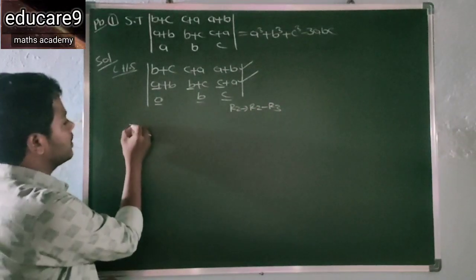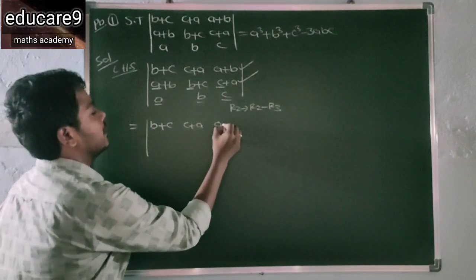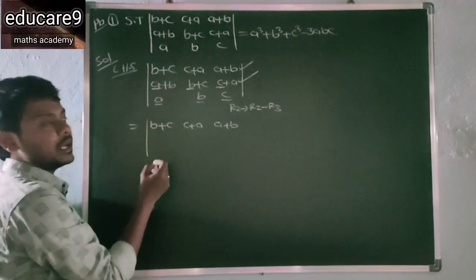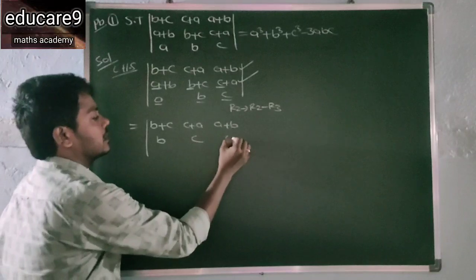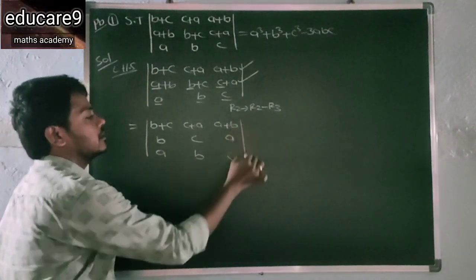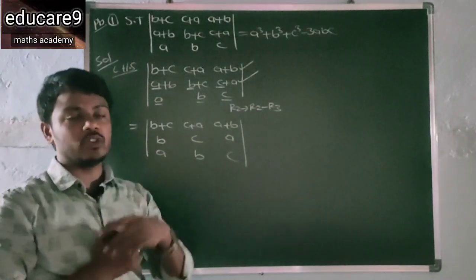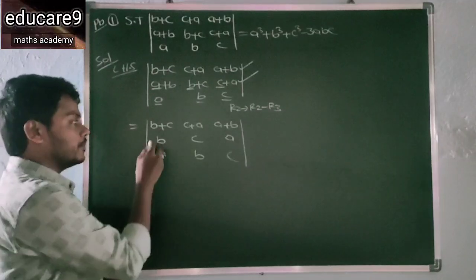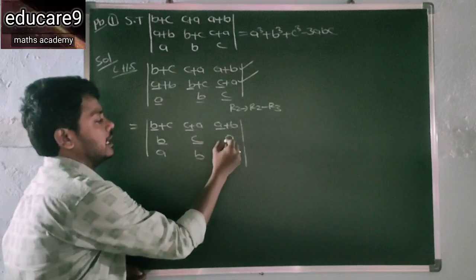So what you get? b plus c, c plus a, a plus b. Next, R2 minus R3: a plus b minus a, you will get b, here c, next a. So next a, b, c. So here again, in the first row, there is a sum of two terms. Once you observe the first row and second row, so b plus c, and b, c, a.